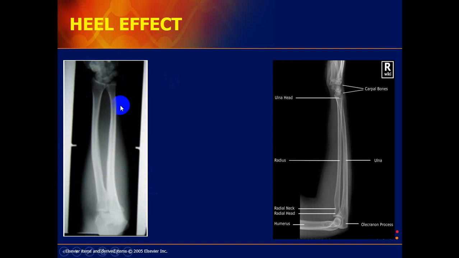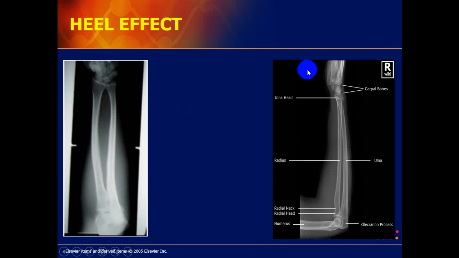There will be differences in densities. So, ang remedy niyan, kung saan mas makapal, dyan ifo-focus ang cathode. So, dapat dito banda ang cathode kasi mas makapal ang side na to kumpara sa wrist.